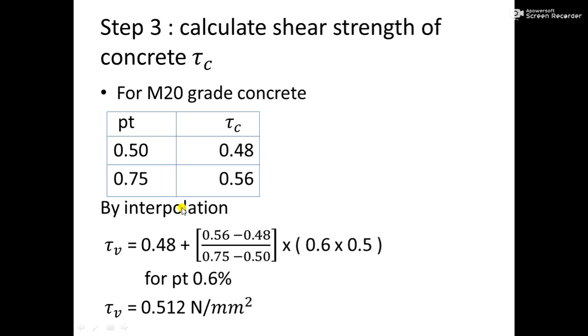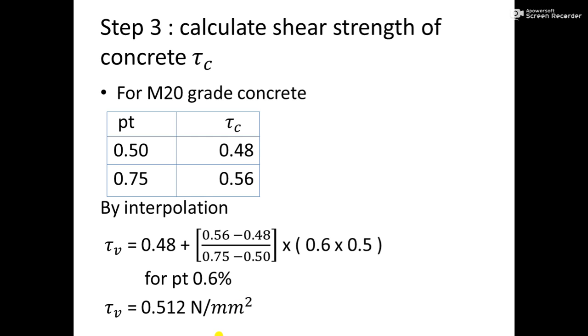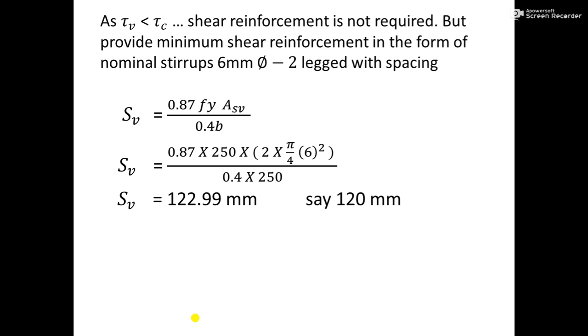So by interpolation, tau c is calculated as 0.512 Newton per mm square.